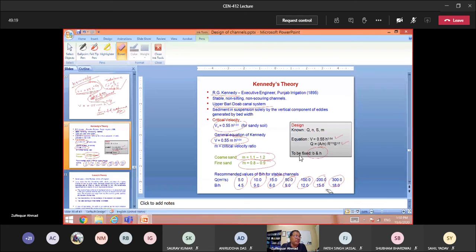With the use of this equation and the Manning equation, you can design the channel. In the next turn, we'll discuss the regime theory of Lacey, and the design aspects of that.